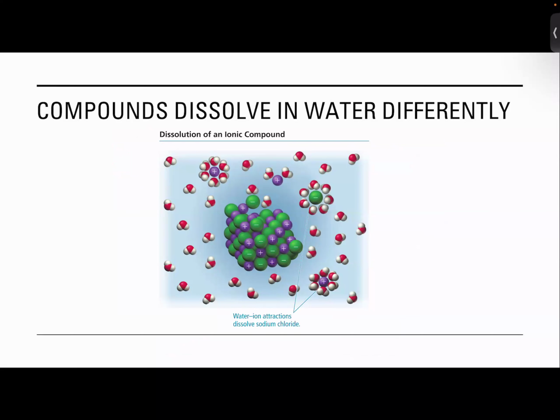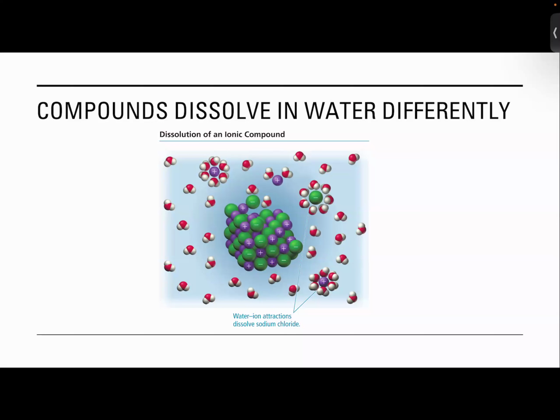If, for example, like table salt, when the solute dissociates, you have individual cations and individual anions that are free floating in solution, then you can get the conductivity of electricity.